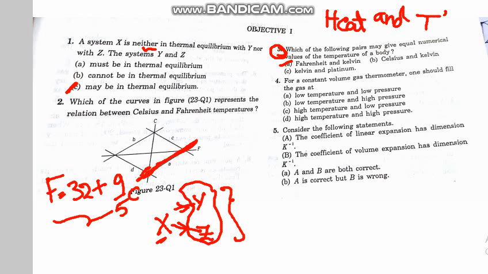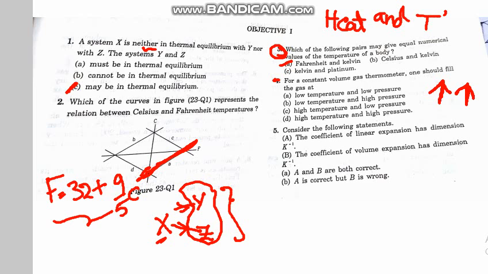And question 4: for a constant volume gas thermometer, one should fill the gas at what? For this question you first have to know about the constant volume gas thermometer. In this concept, as you increase the temperature, the pressure should increase.